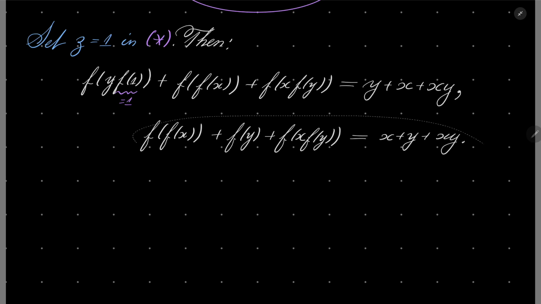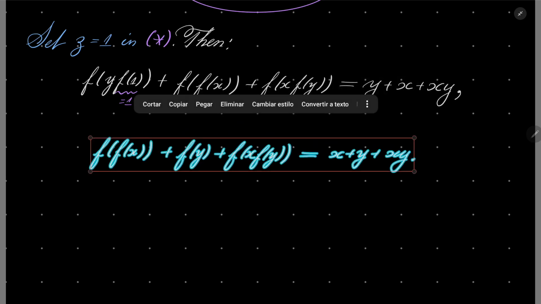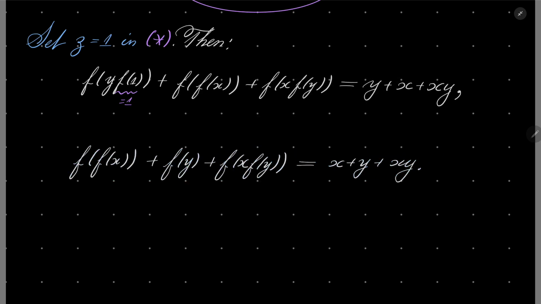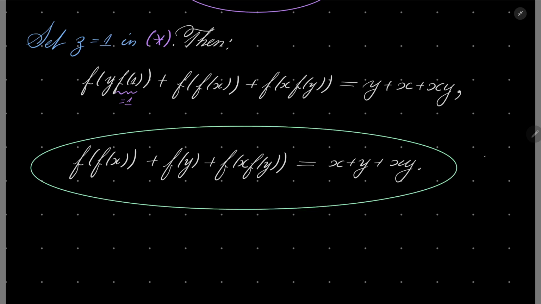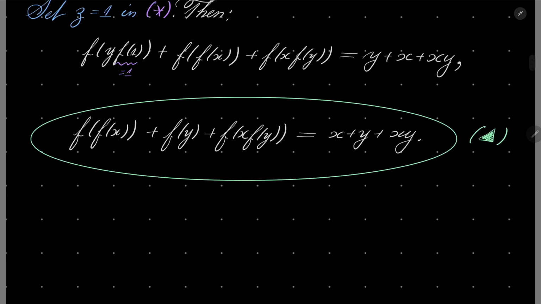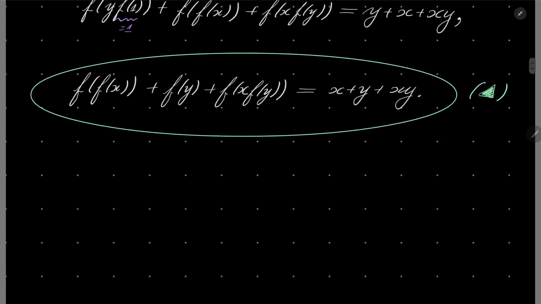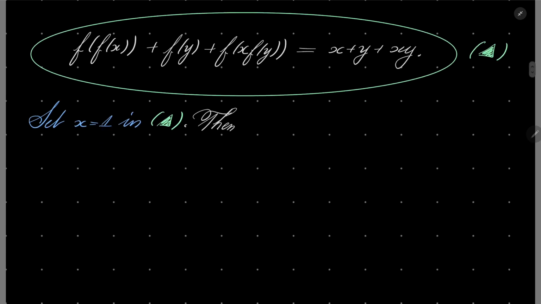It is very important. This equation is very important. I will circle it, and I will mark it triangle. Why not? Condition triangle. Now, set x to be 1 in this condition triangle. Then we have the following.